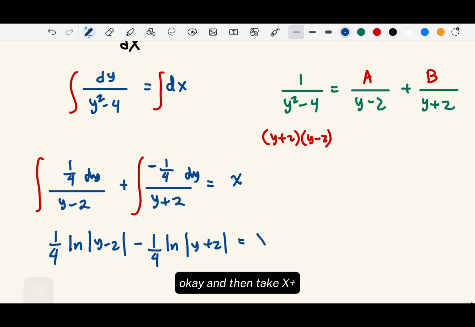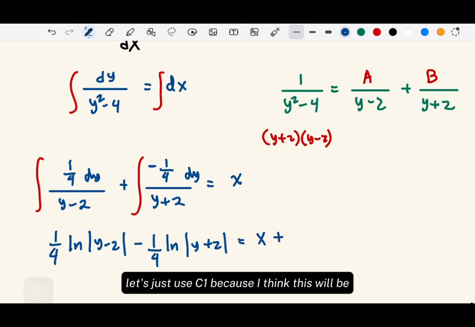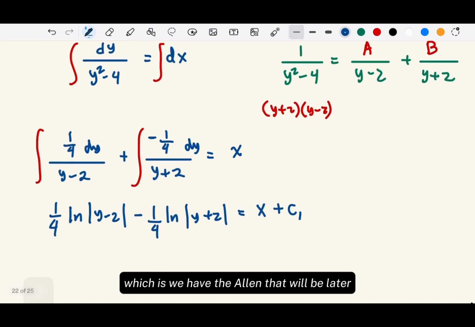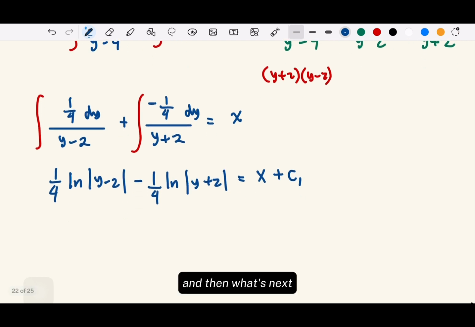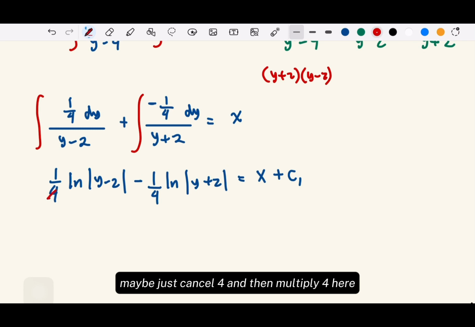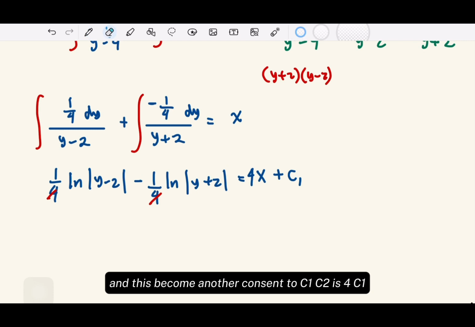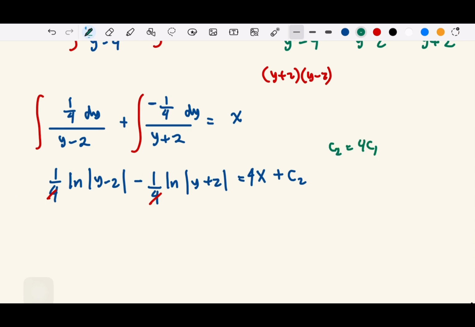And then we can take x plus, let's just use c1 because this will be pretty similar to what we have before, which is the ln. That will later get into this e. And then what's next? Maybe just cancel the 4 and multiply by 4 here, and this becomes another constant too. Let's say c2 is 4c1.